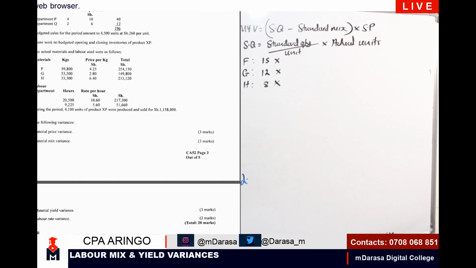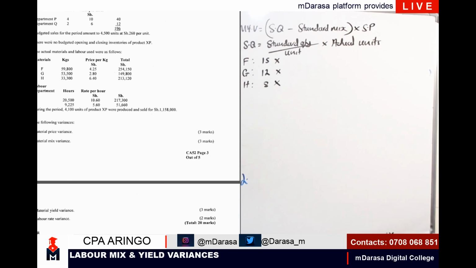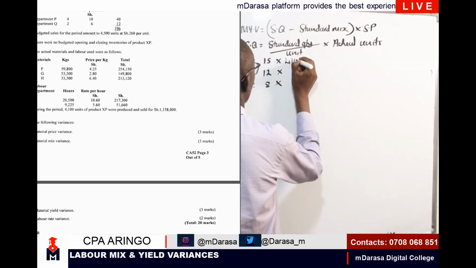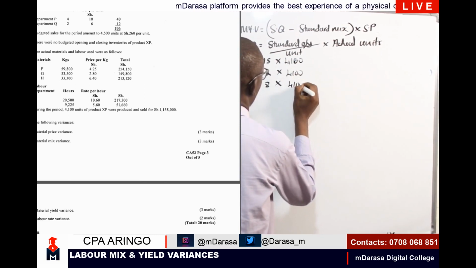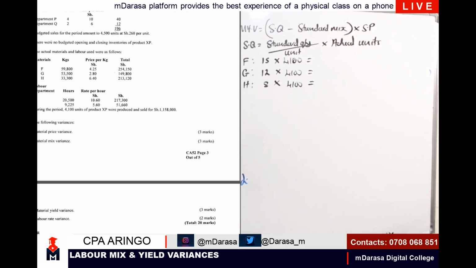So this is what we have, times 4,100 units, to give us our SQ.